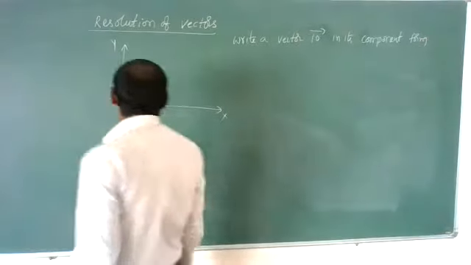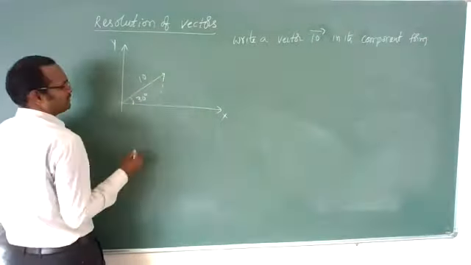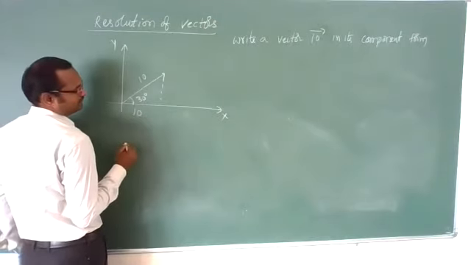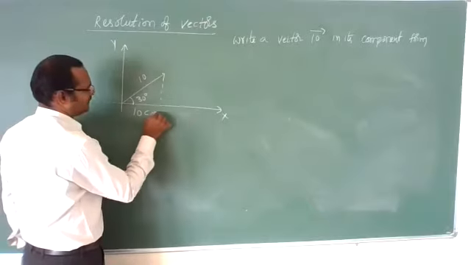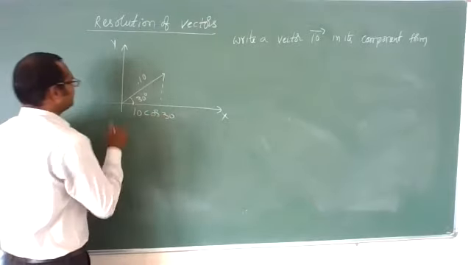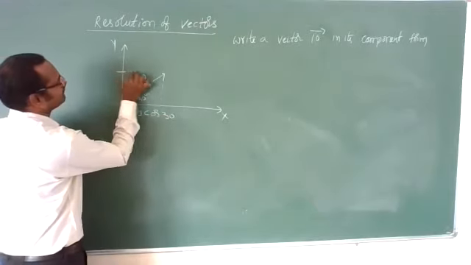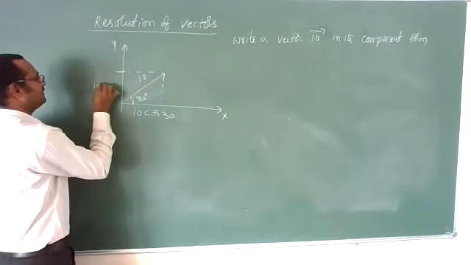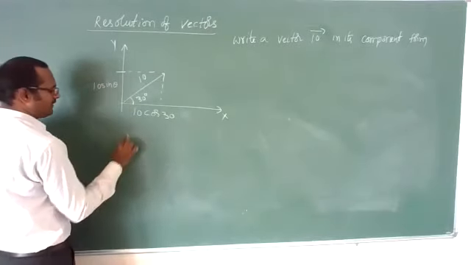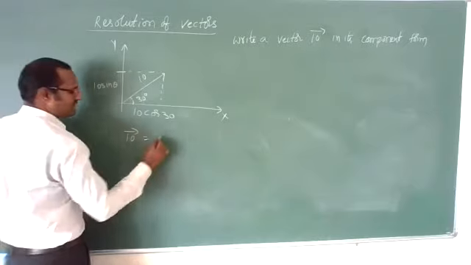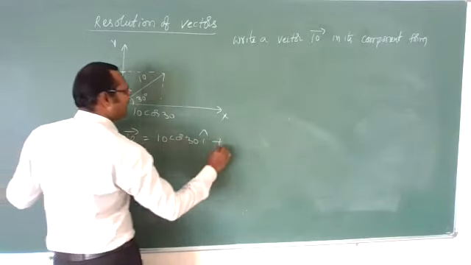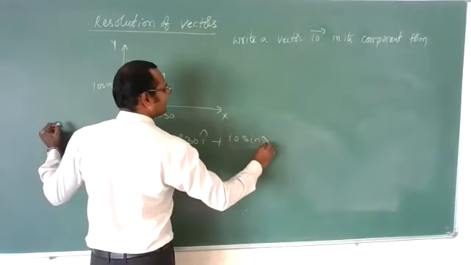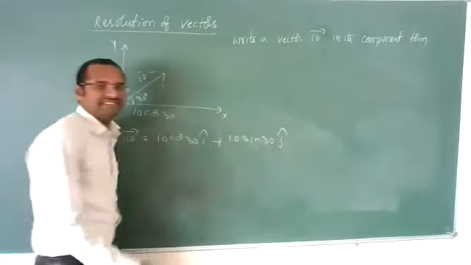How can you write? Just draw the projection here. This will be 10 cos 30 and this will be 10 sin 30. So 10 bar can be written as 10 cos 30 i cap plus 10 sin 30 j cap. That's it, done.